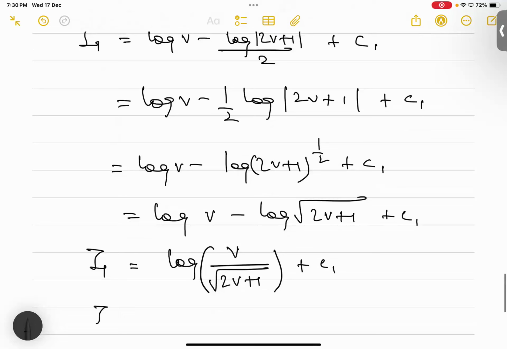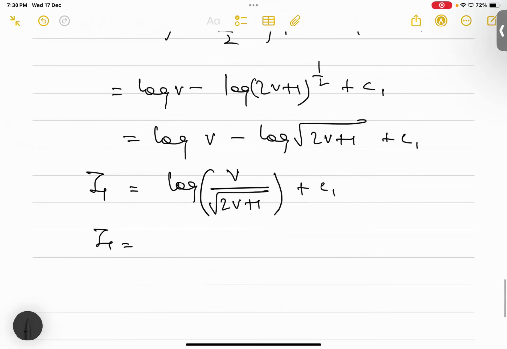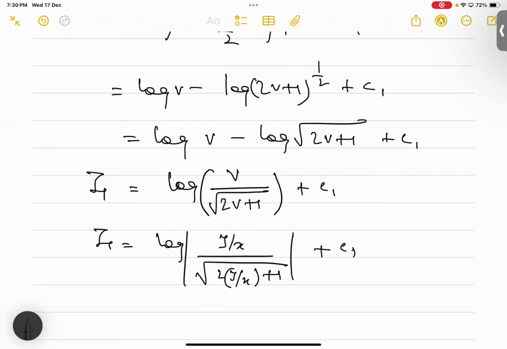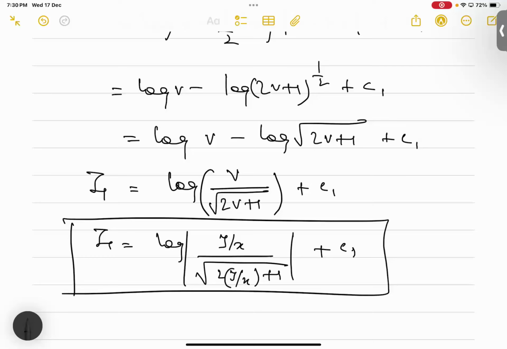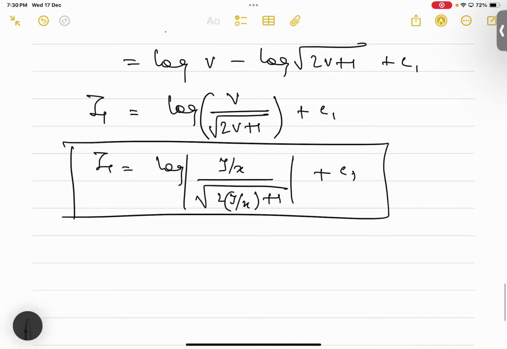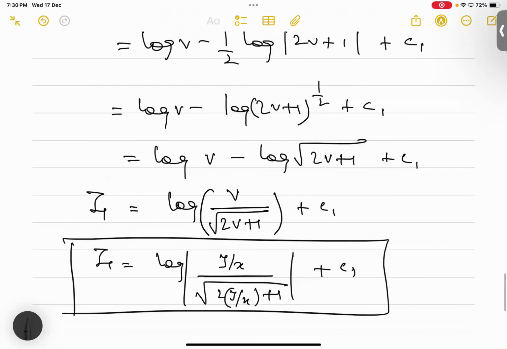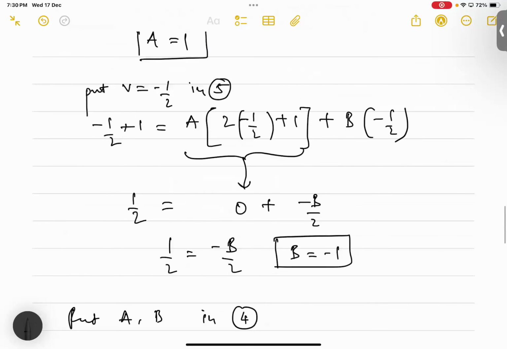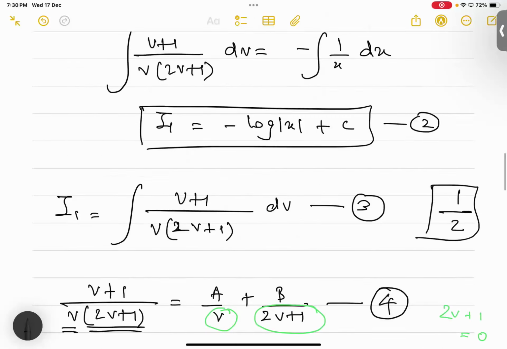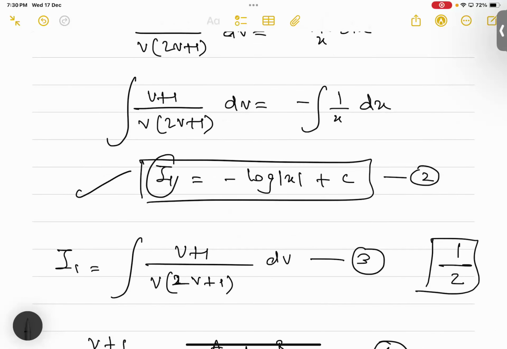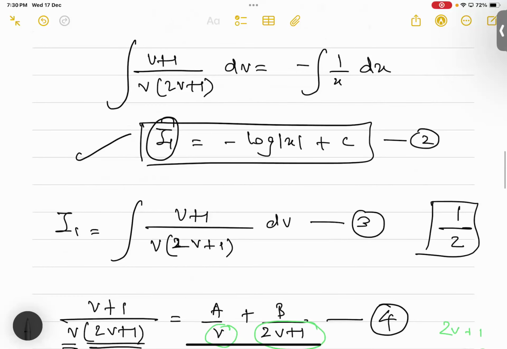Now we'll put the value of V. What is V? Y upon X, right? Clear? We got the value of I1. Now what? Now go back. See equation number 2. We are going to put that value over here in place of I1, and don't write C1 now.